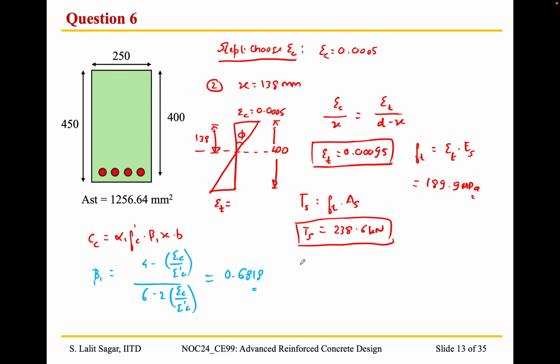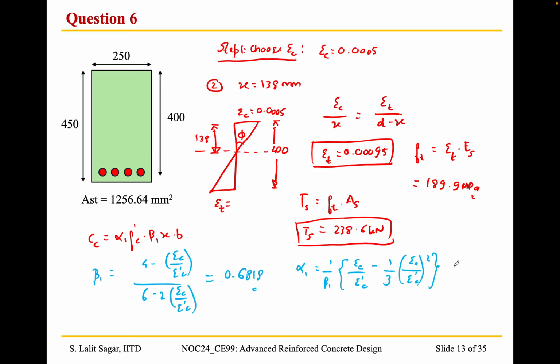Okay, and for alpha 1, it is equal to 1 over beta 1 into (epsilon c by epsilon prime c minus 1 by 3 (epsilon c by epsilon prime c) whole square).